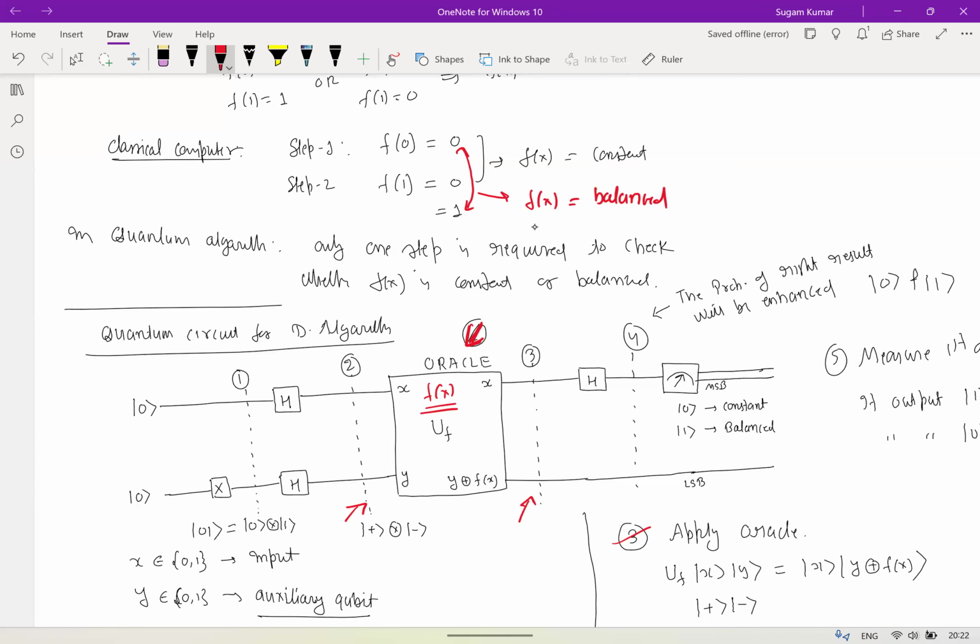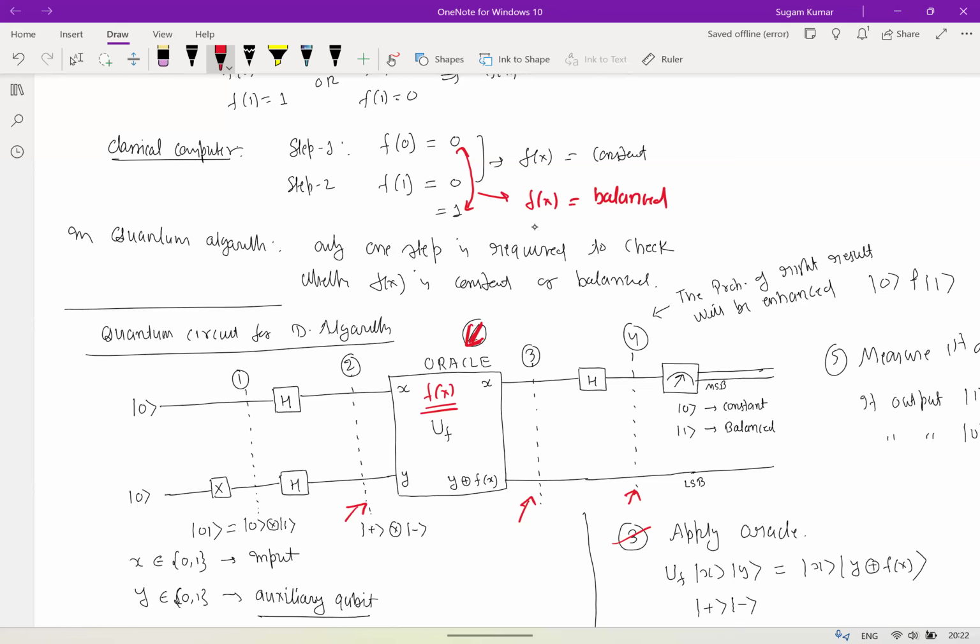And when you do the interference at this location, then depending upon the type of the function, this interference will enhance the right result by constructive interference, and it will make the wrong result 0 by destructive interference.